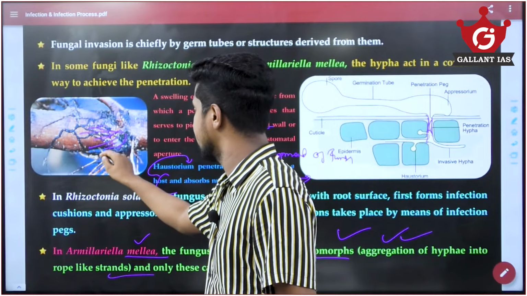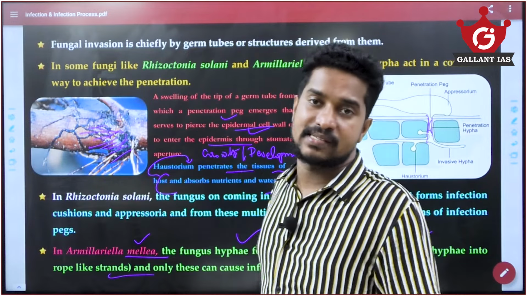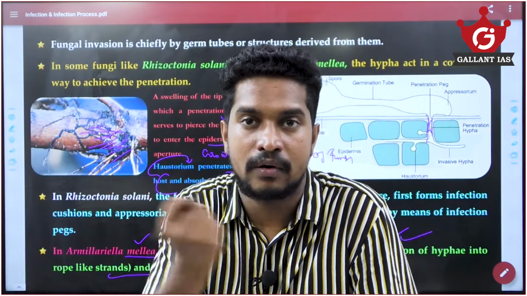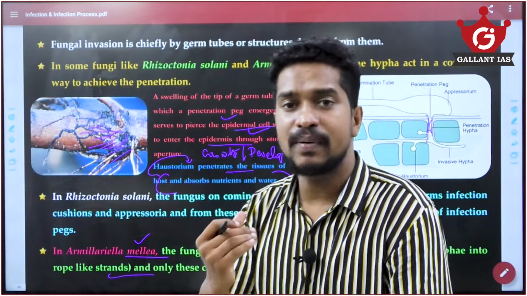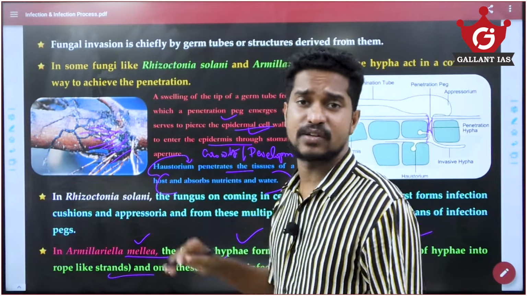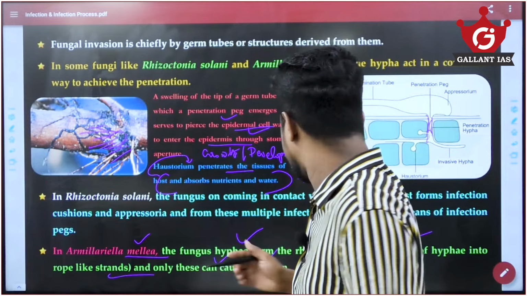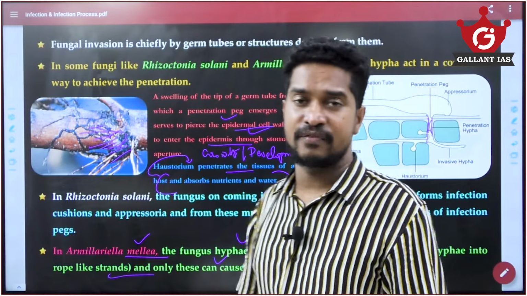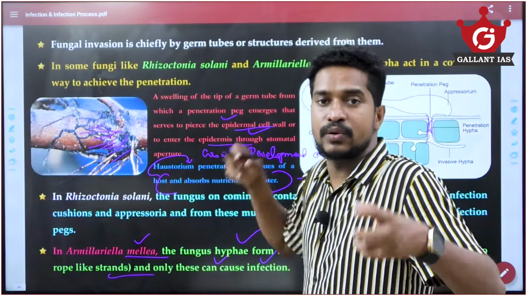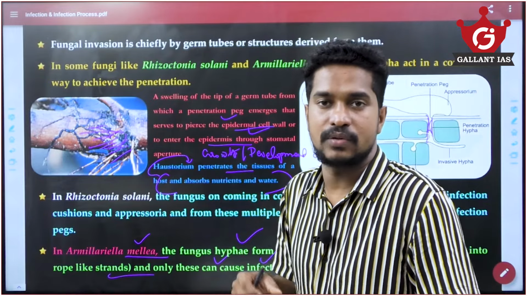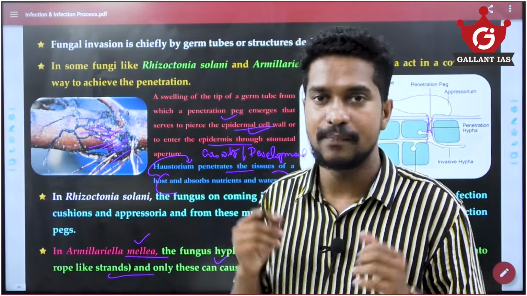Here you can see the rope-like structure, an aggregation of hyphae on the surface of the host plant, and only through this rhizomorph can they cause infection and penetrate into the host cell.